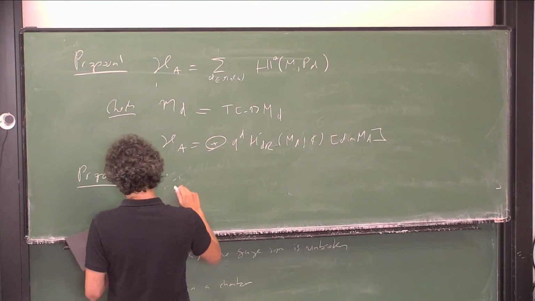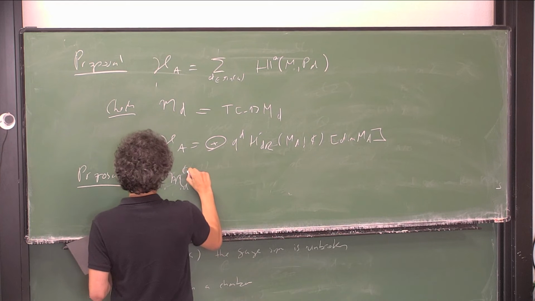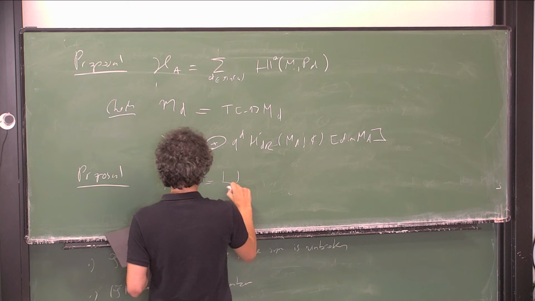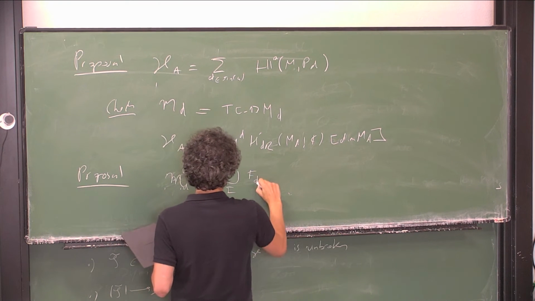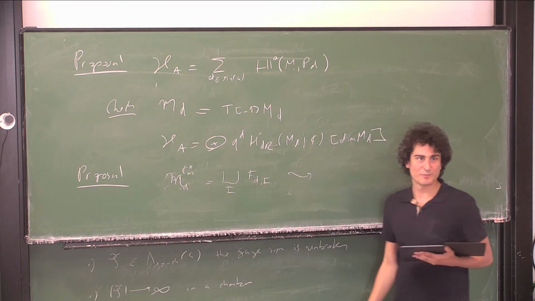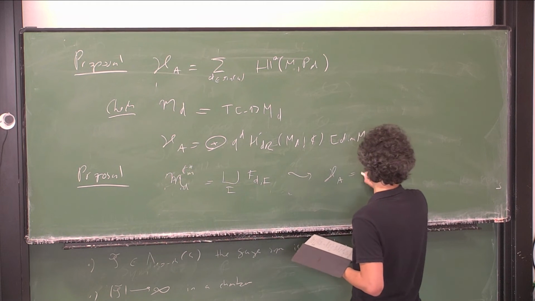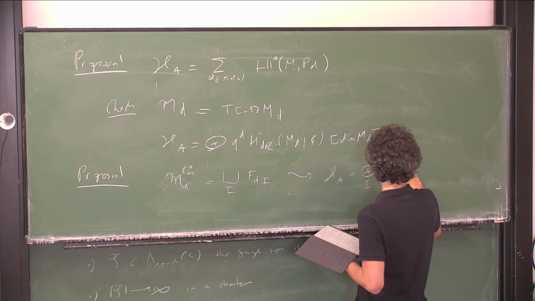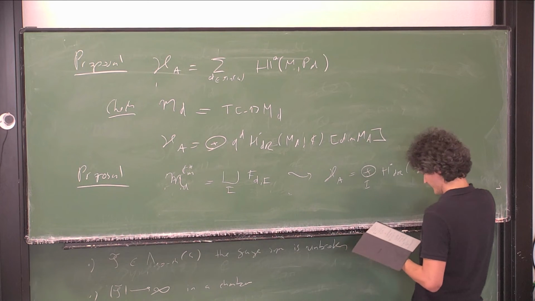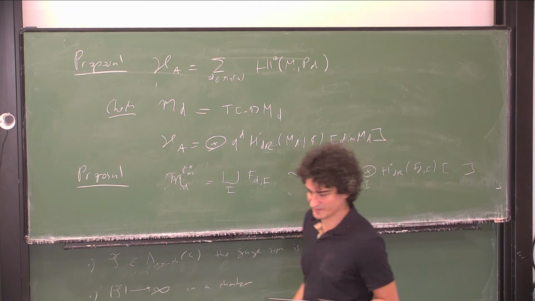If we write the fixed points under the action in this way, then what you get via this procedure of hyperbolic localization is a space of states that is a sum over the de Rham cohomologies of the fixed loci, with some shifts in the grading that I'm not going to talk about.